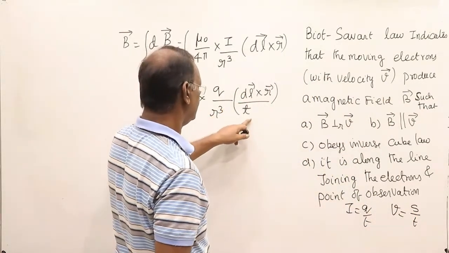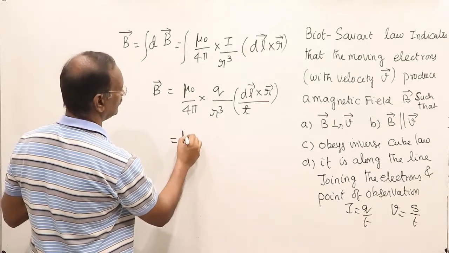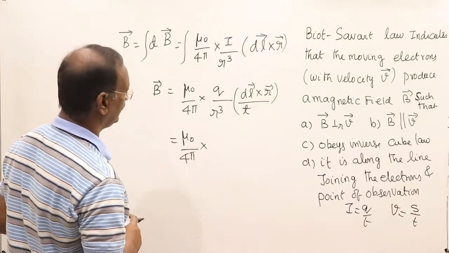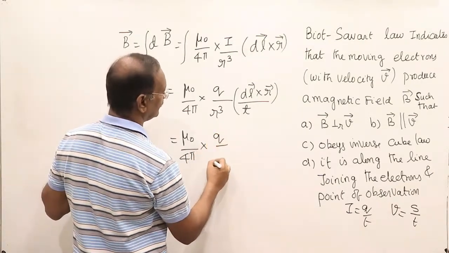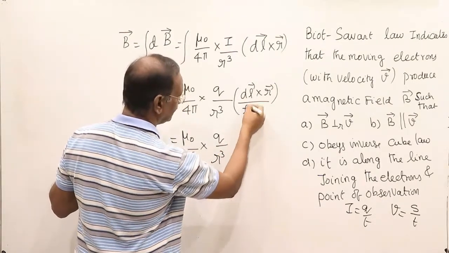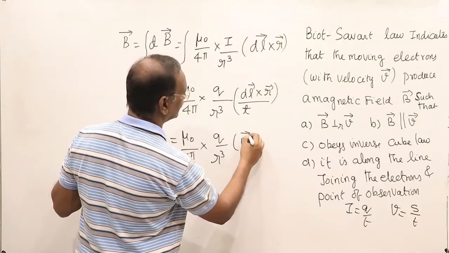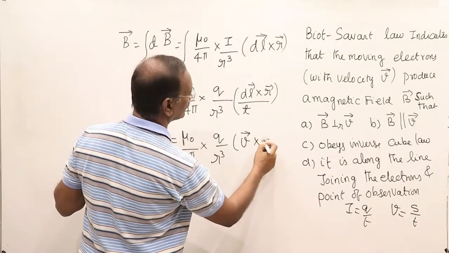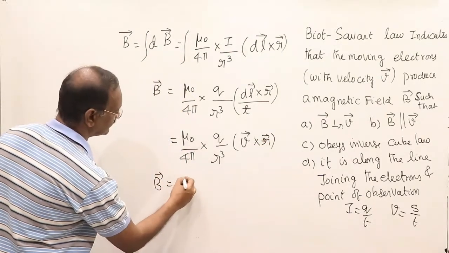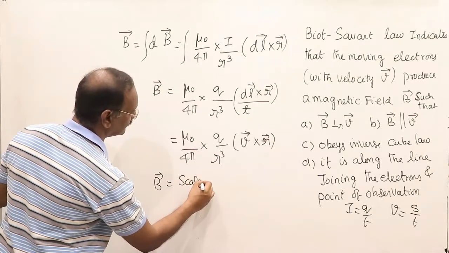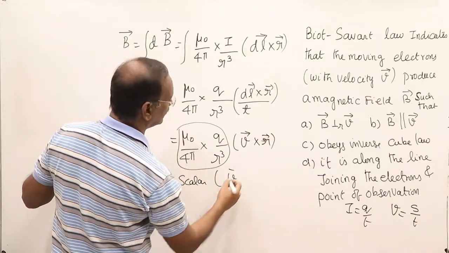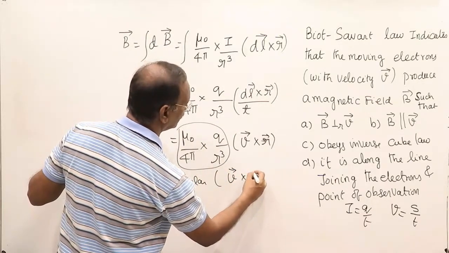So B is equal to mu naught by 4 pi into q by r cube into velocity vector cross r vector. It means the B vector is some scalar into the velocity vector cross the r vector.